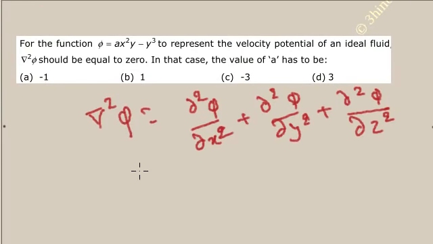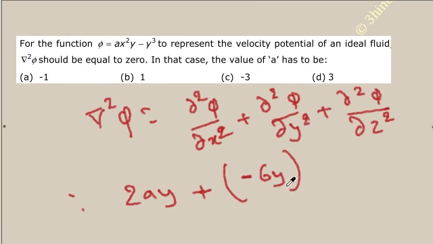So here, del square phi by del x square means first differentiation will give twice axy and then again differentiation will give twice ay, and if you differentiate it with respect to y only, then you will get, differentiating twice, first 3y square and then 6y, so minus 6y. If you differentiate this term twice, it will be 0.